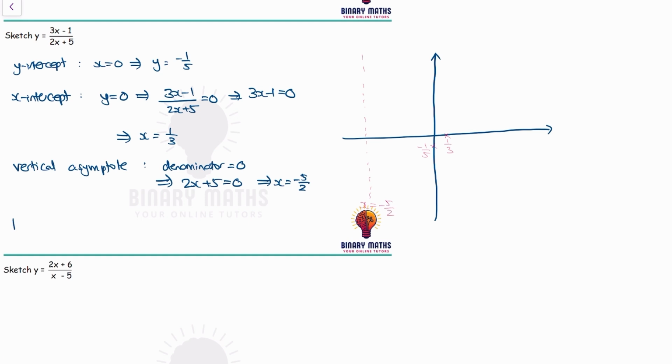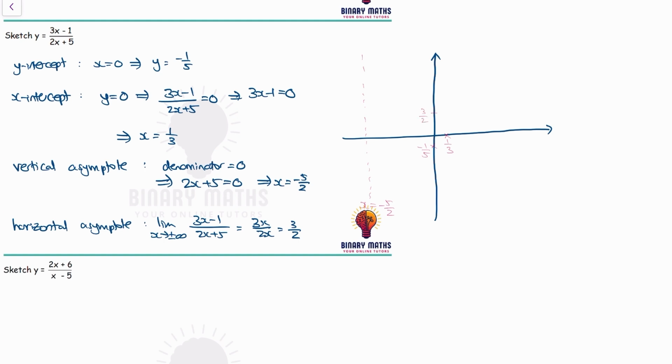The last one, which is the horizontal asymptote, is when x gets very large, positive or negative. So (3x minus 1)/(2x plus 5). These constants are insignificant, so it becomes 3x over 2x, which is just 3 over 2. So y equals 3 over 2.